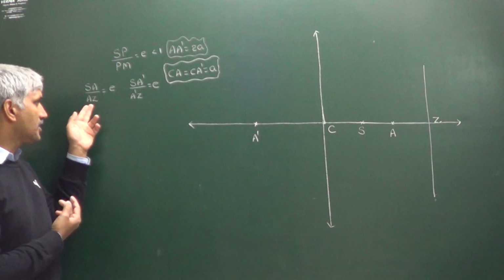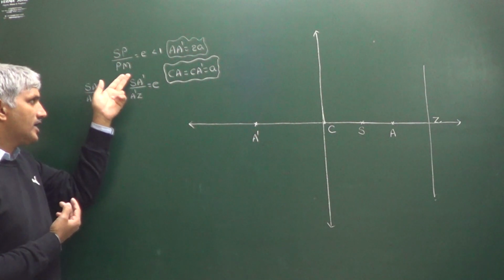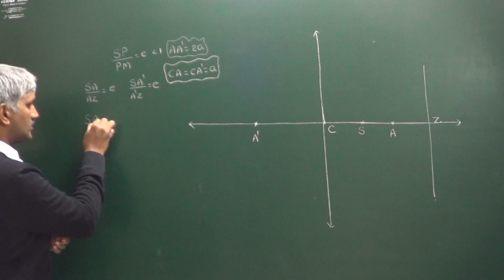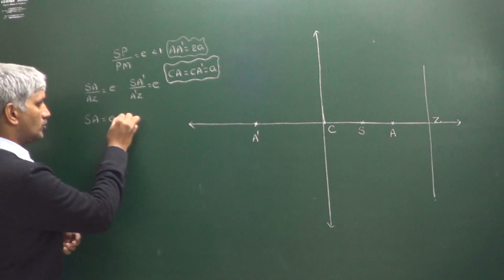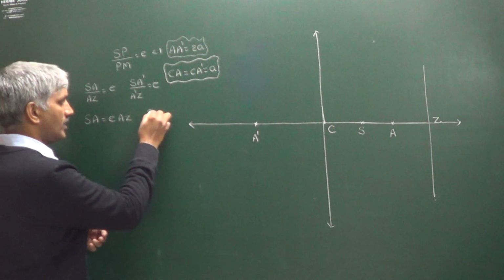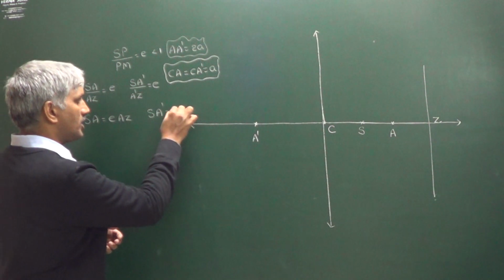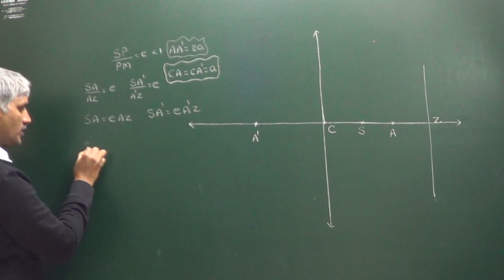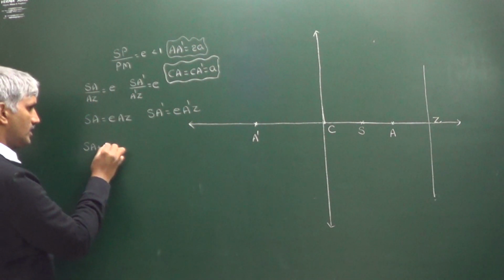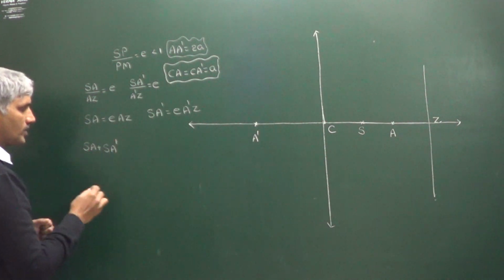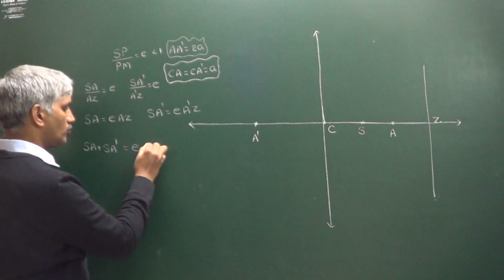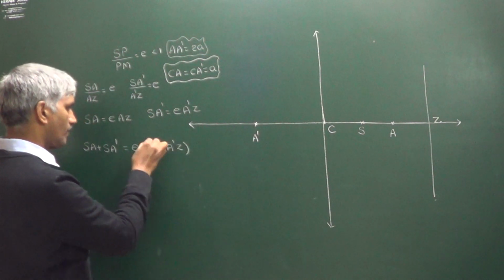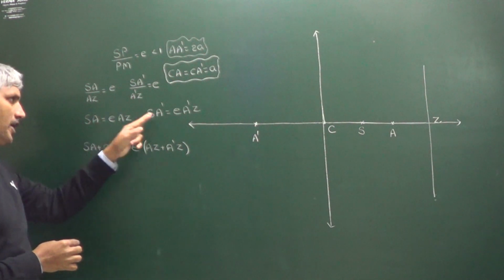SA by AZ is equal to E. SA dash by A dash Z is equal to E. Now from this we can write SA is equal to E into AZ. At the same time SA dash is equal to E into A dash Z. So the first thing I am doing is adding both.